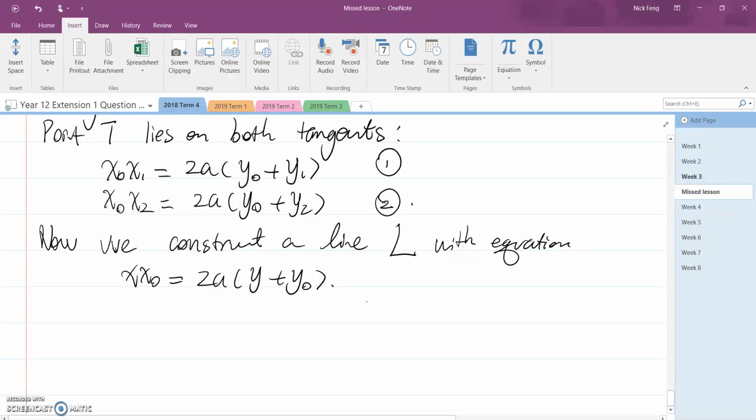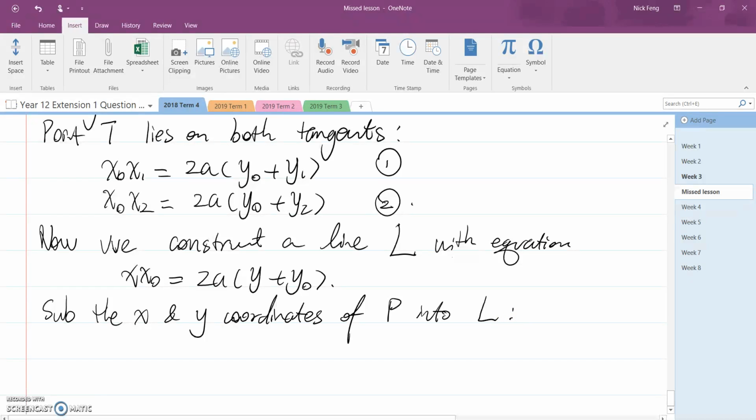And now, how do we actually use this? If we construct this point, that means now if we sub the x and y coordinates of point P into this equation L we just made up, that will give us x0 equals 2a(y1 plus y0).